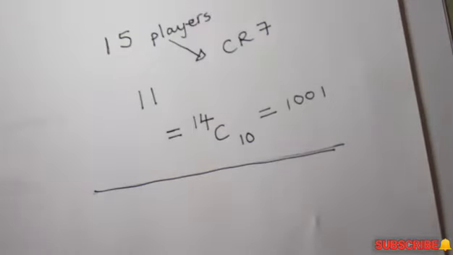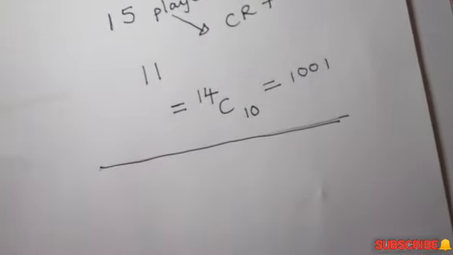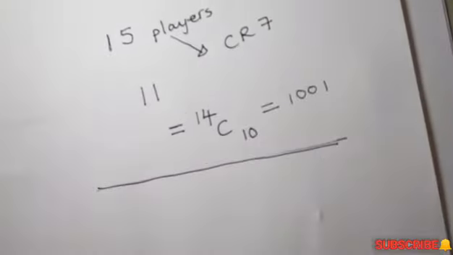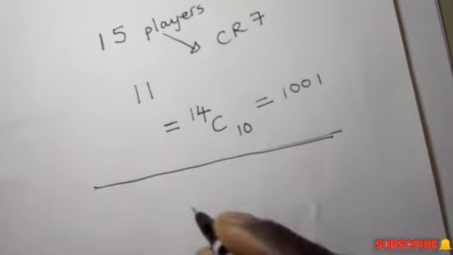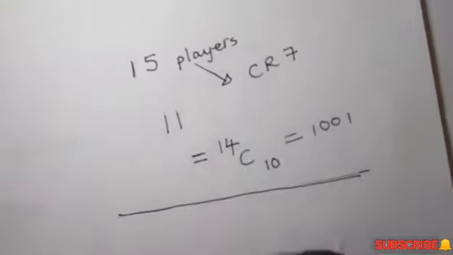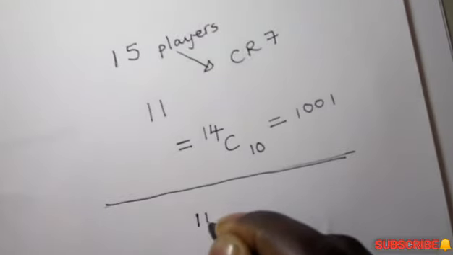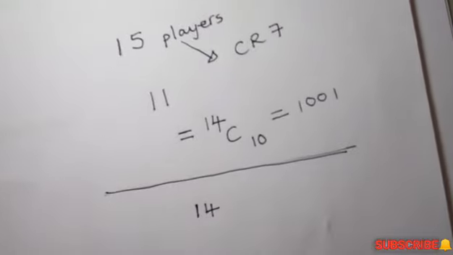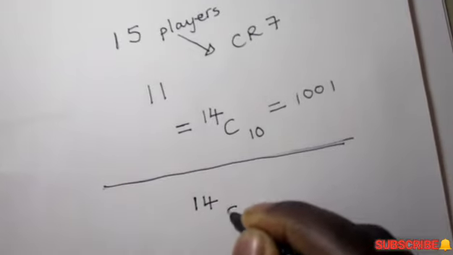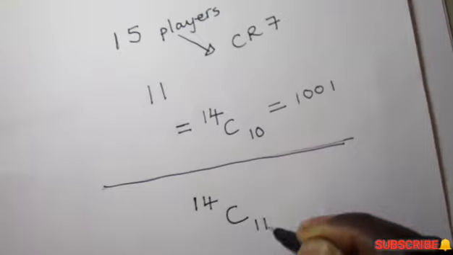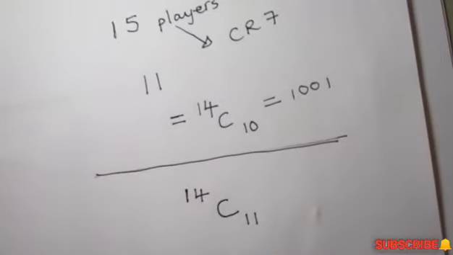Right. So when it comes to exclusion, the same thing applies. If Cristiano Ronaldo is going to be excluded from the team, it means we are no longer going to choose from the 15 players, but we are going to choose from the 14 players, removing Cristiano Ronaldo. Then we choose 11 from the 14.